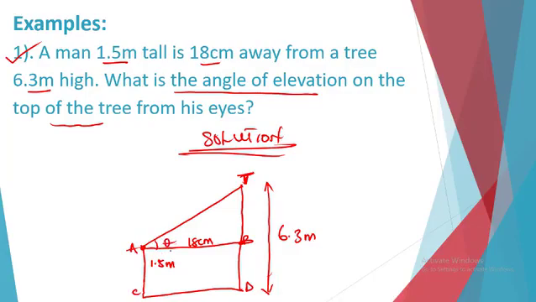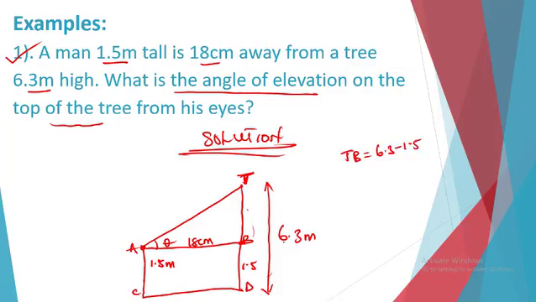Let's call it theta. Now we are told that the tree is 6.3 high, but already here is 1.5, so we need to find the value of TB. TB will then be equal to 6.3 minus 1.5.